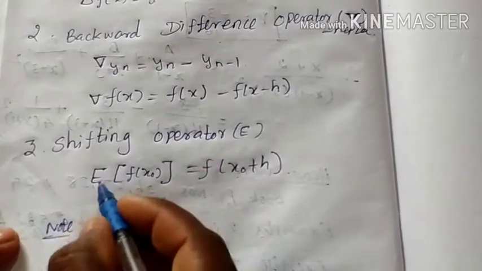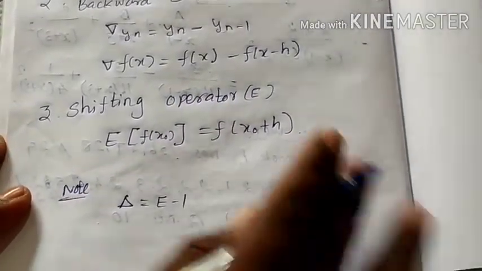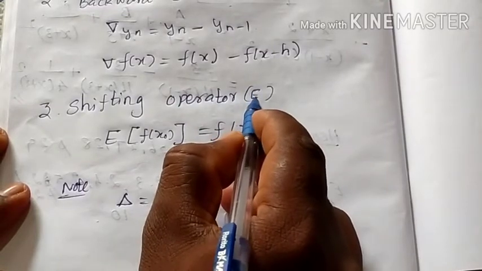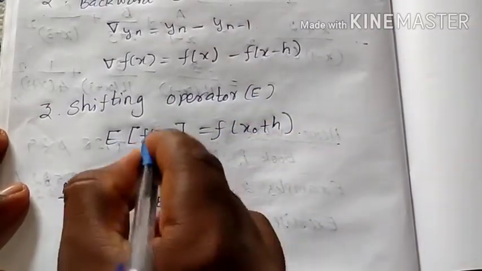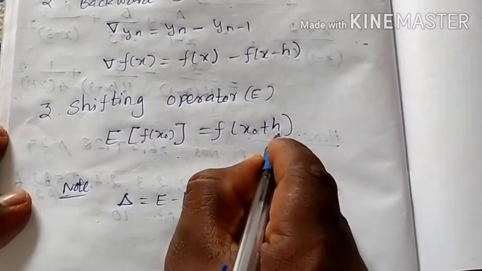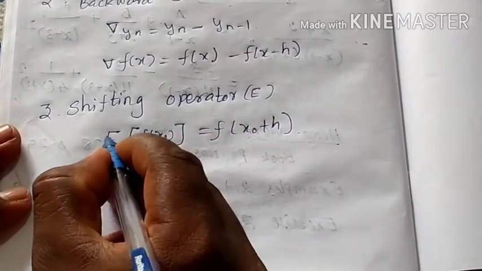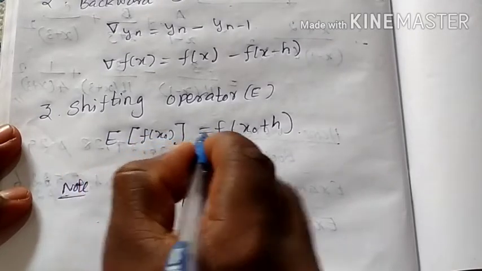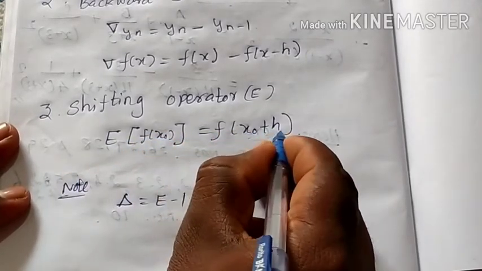Then the third one, shifting operator E. It is denoted by E. E of f of x naught equal to f of x naught plus h.